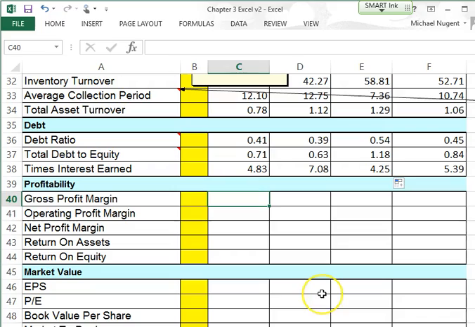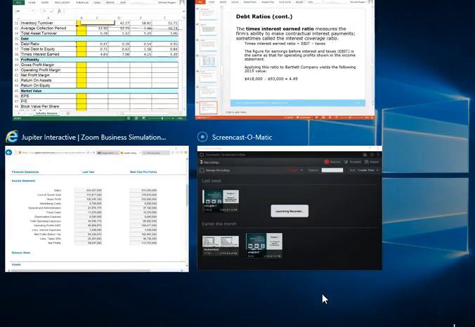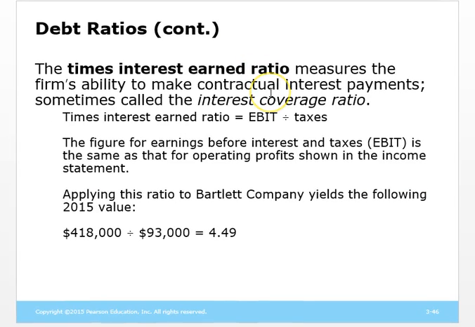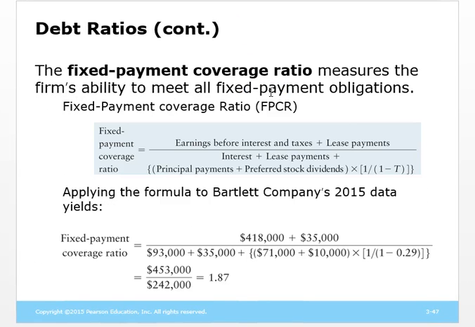Now we're moving on, hopefully. Let's see. All right. Okay, this is not in your handout today, but I'm just going to go over it. You don't have to calculate this. They have a fixed payment coverage ratio where we're looking at our earnings and lease payments divided by interest, lease payments, and payment principals plus preferred dividends, blah, blah, blah. It's a pretty big formula.